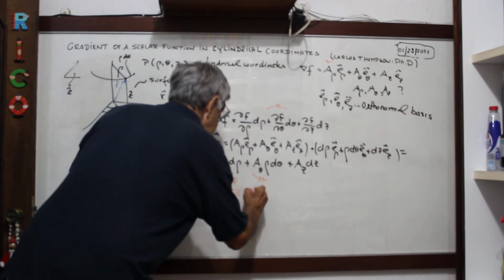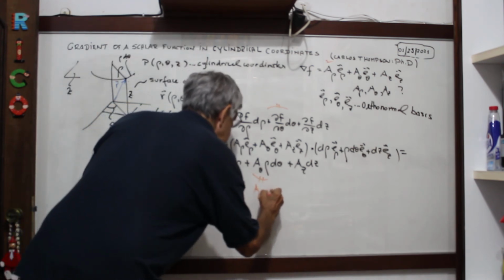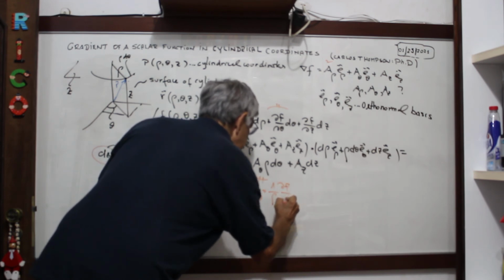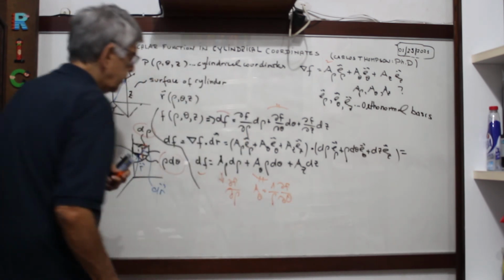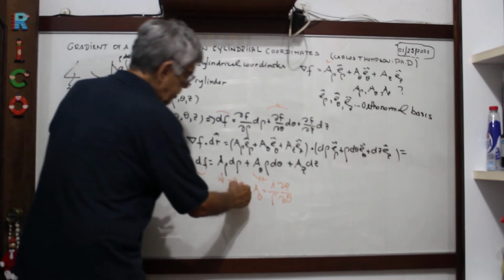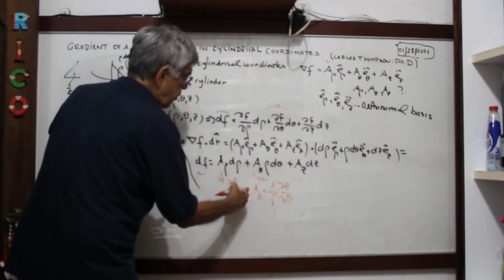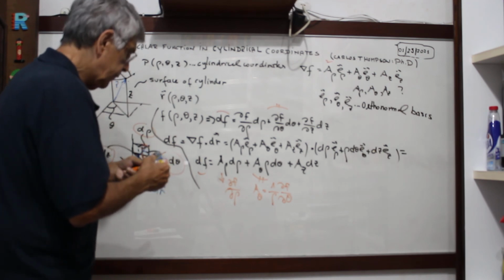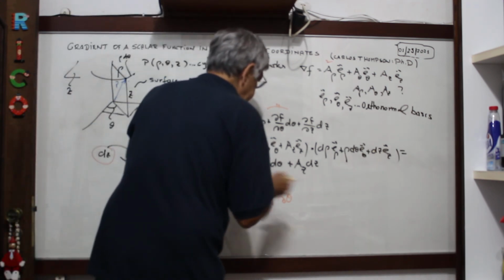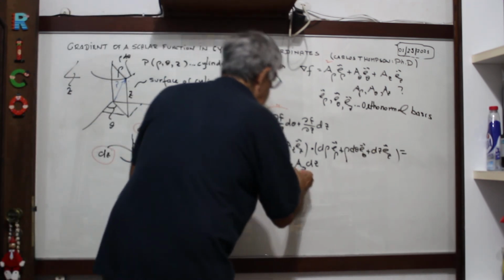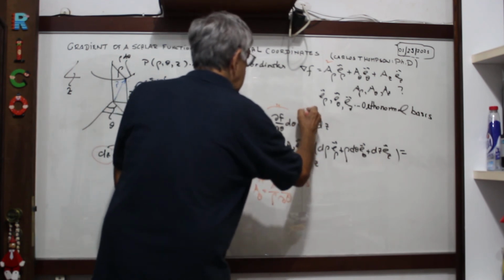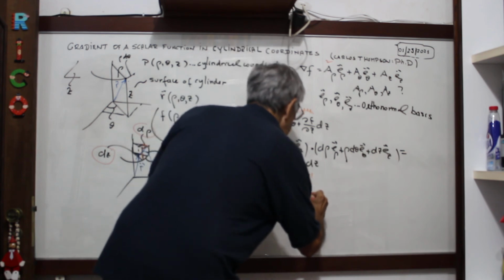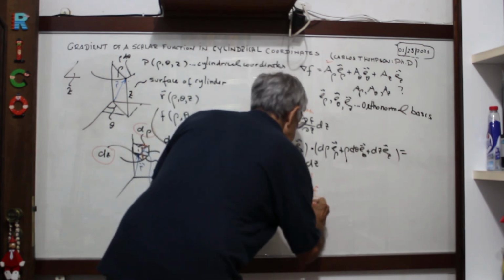So a theta is equal to 1 over rho times the partial of f with respect to theta. If I multiply by rho, rho a theta is equal to the partial of f with respect to theta. And finally, a z is equal to the partial of f with respect to z.